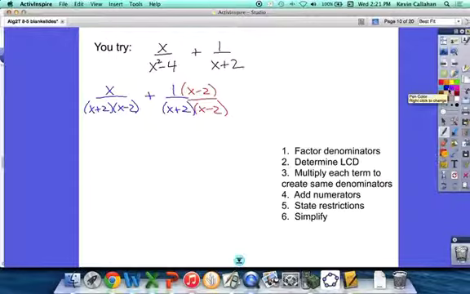Let's see. What did you multiply by x plus 2? You already got an x plus 2. Should be x minus 2, right? And then that's 1 times this stuff. It's not like 1 plus. It's 1 times parentheses x plus x minus 2.